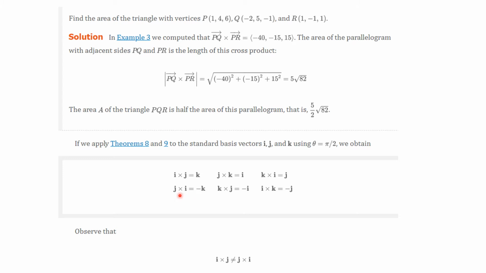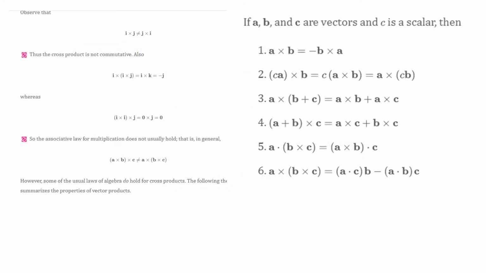Now, one of the things you can learn from this is that i cross j was k, but j cross i was minus k. So i cross j does not equal j cross i. That means that cross products are not commutative, like many things that you have studied before. Okay, so it's not commutative.